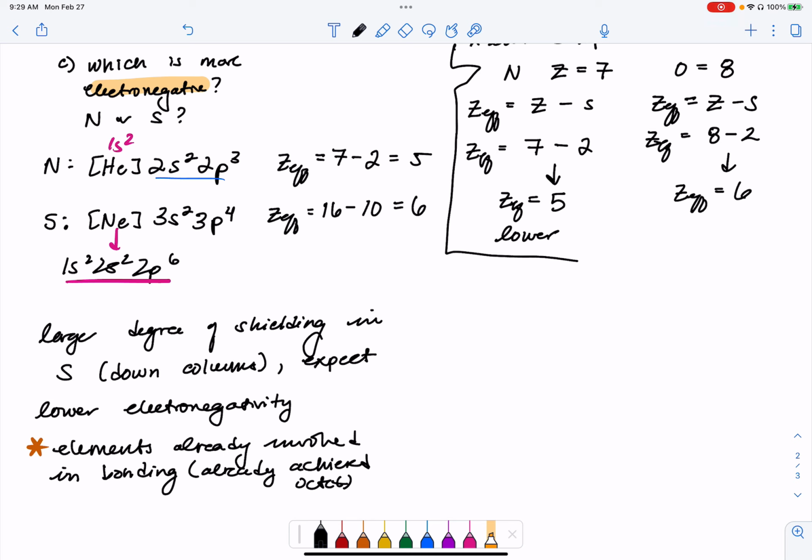So it's not quite appropriate to look at, like I said, the electron configuration of each atom because it's going to be slightly different when we're talking about atoms that are bonded.